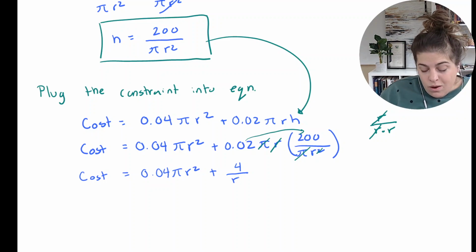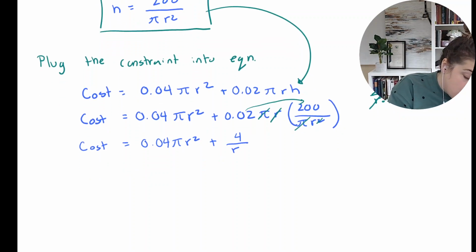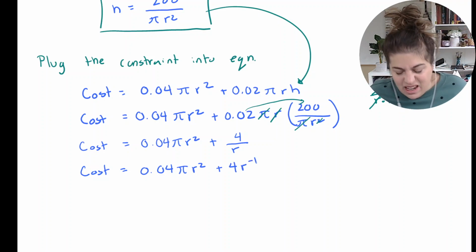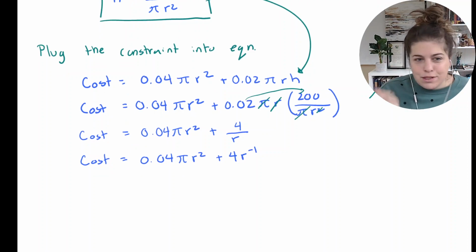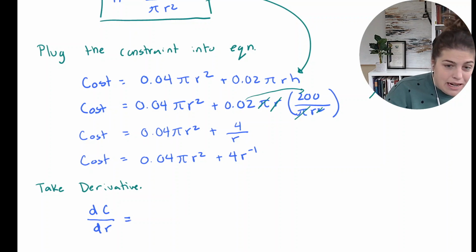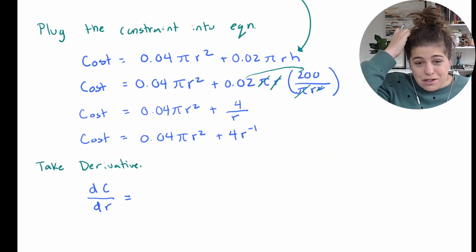Okay. When we're going to take a derivative, most people do a little bit better with things written with the negative exponents instead of just being in the denominator there. It doesn't matter, it's totally up to you. But now we're going to take the derivative. And so the derivative of our cost with respect to the radius, because remember, pi is just a number.